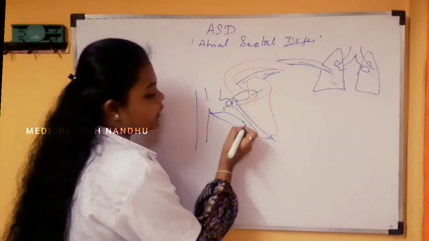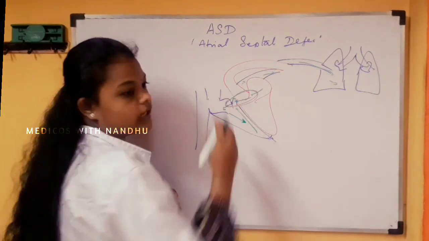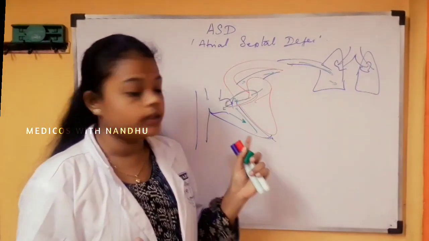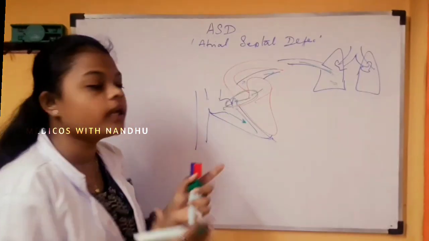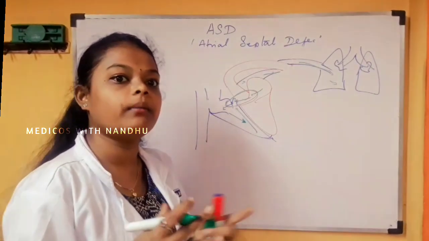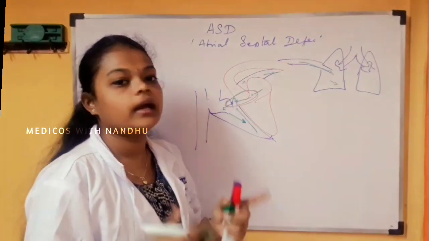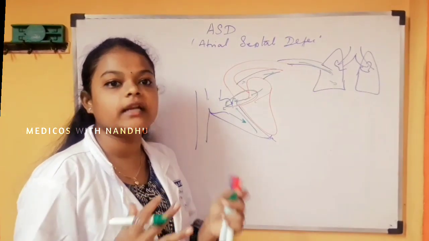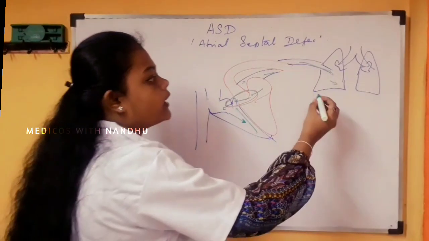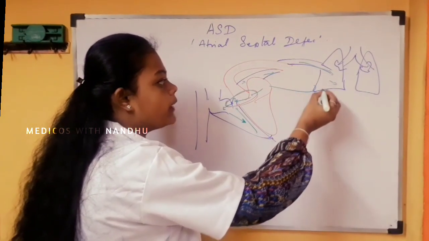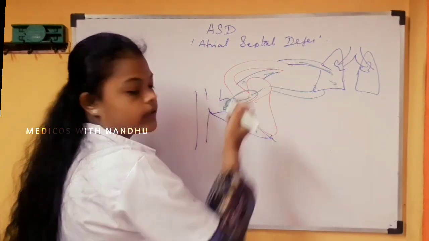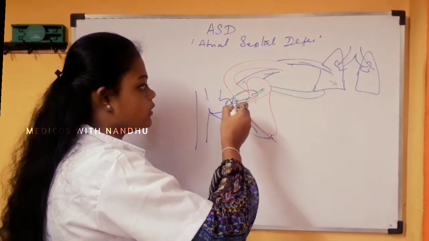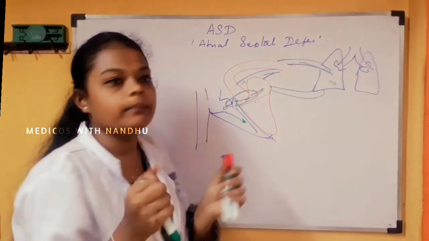Here, the right atrium becomes enlarged as more blood comes, the right ventricle becomes enlarged and the pulmonary arteries become enlarged. The pressure in the pulmonary valve becomes higher and there is difficulty in exchange of oxygen and carbon dioxide, so there will be a reverse flow through the pulmonary vein and it reaches the left atrium. From the left atrium this continues. The oxygenated and deoxygenated blood get mixed.